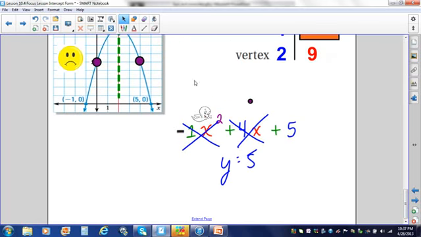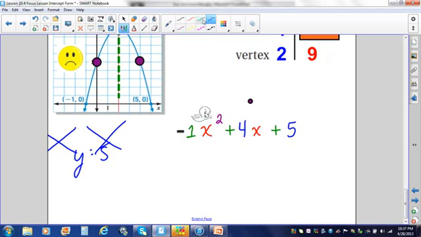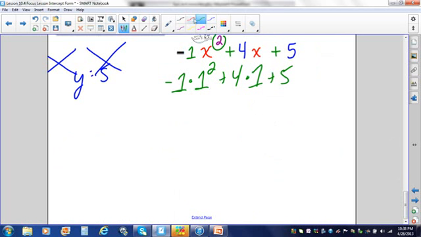Let's put in 1. So if we put in 1, we have negative 1 times 1, don't forget about your square, plus 4 times 1 plus 5. Order of operations, I'll do this first. 1 squared means 1 times 1, which is 1. I'll multiply this together. That's going to give me 4. That's going to give me negative 1.